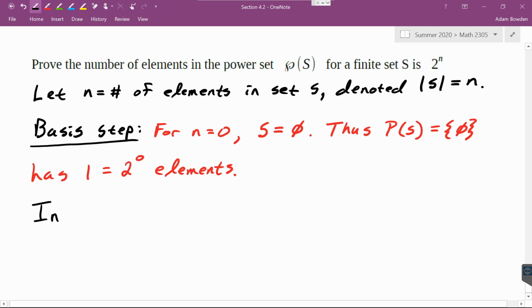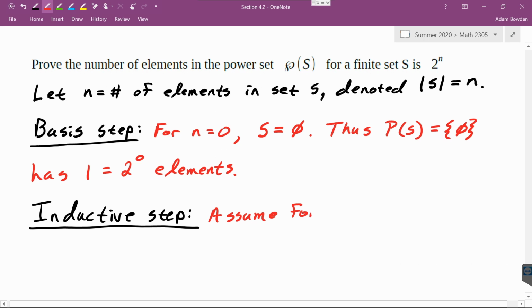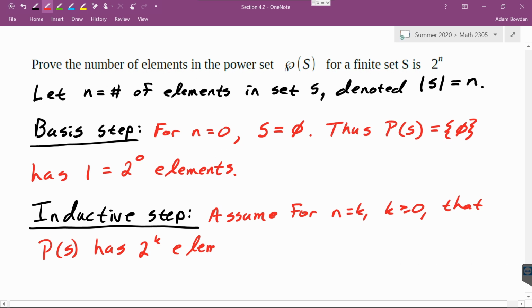Now for the inductive step, we need to assume this is true for n equals k. So we say assume for n equals k, k greater than or equal to 0, that the power set of S has 2 to the k elements.